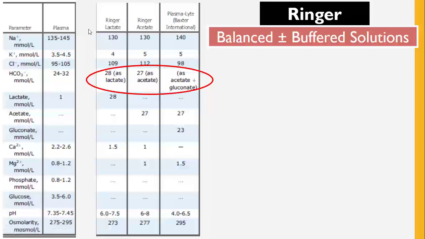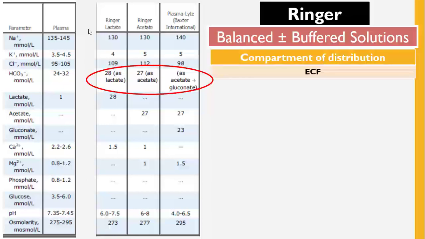As an isotonic crystalloid, what is the main compartment of distribution? It will be the extracellular space. The main indication: any isotonic crystalloid is a very good fluid for resuscitation. And here we can use it without fear of metabolic acidosis.